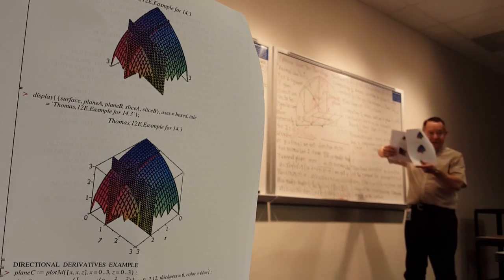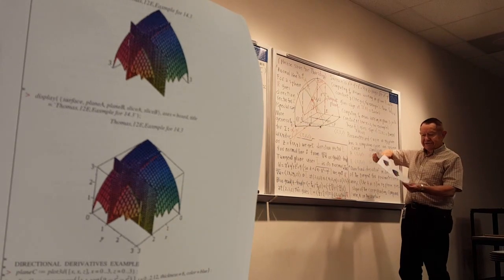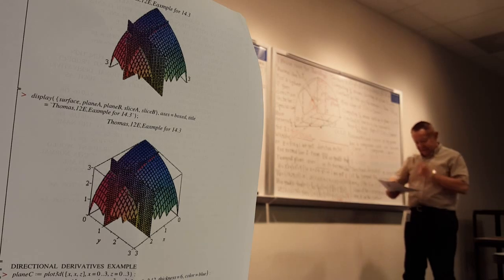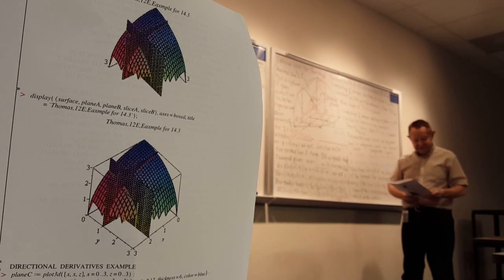And if you look at the Maple, you can see the red curve of intersection in the first of the graphs of the surfaces. And that was what I called slice A.